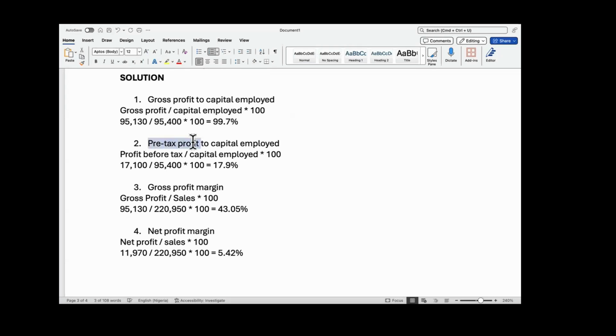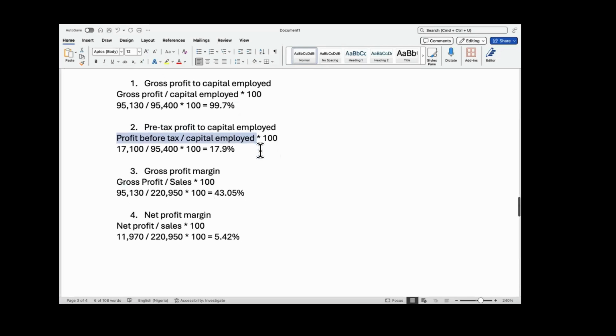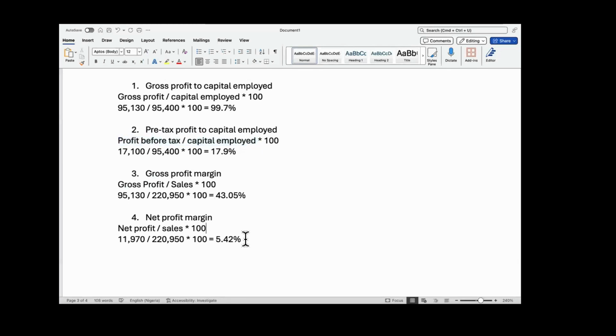When they say return on capital employed, you could probably do GP over capital employed, PBT on capital employed, or operating profit on capital employed. You are correct. But in this diet, they were so specific about which return on capital employed we are looking at. It looked at the gross profit on capital employed, and also the PBT on capital employed. All are profitability ratios.